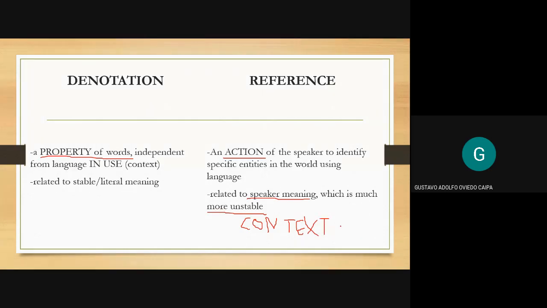Like a 5-year-old. All right, so reference is very much related to context in that sense. It depends on context, right? Different from denotation. Denotation does not depend on context because denotation talks about the properties of the words themselves, just what the words can connect to in the world, right? All right, so moving on.